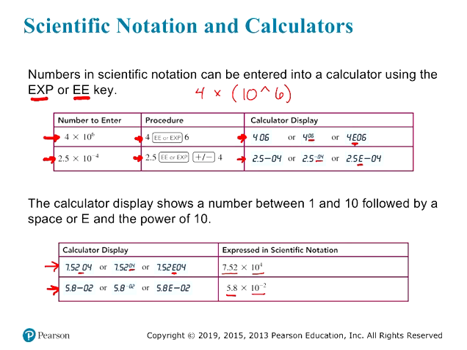Now, what if we wanted to express those values in standard notation? So let's take this a step further. So let's start with 7.52 times 10 to the 4th. So what I'm going to do is write the coefficient, and because the exponent or power of 10 is positive, I know that I have a large number.